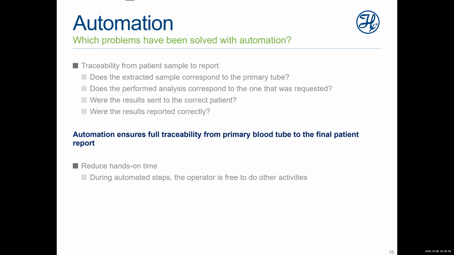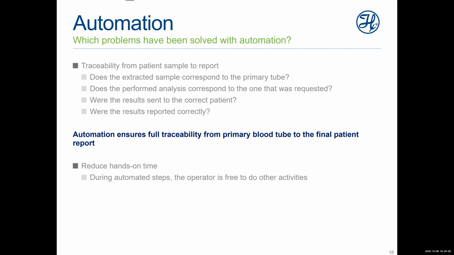This kind of problem can be resolved with automation. And were the results reported correctly? This is another important aspect, because even if we type the correct result for the correct patient, just a decimal point placed in the wrong place can change a 10 to a 100, and this is not acceptable anyway.